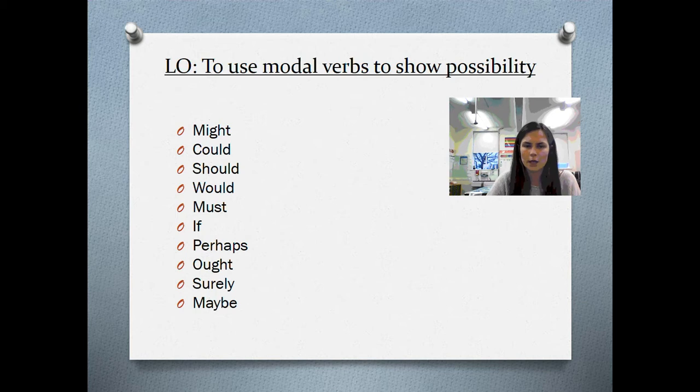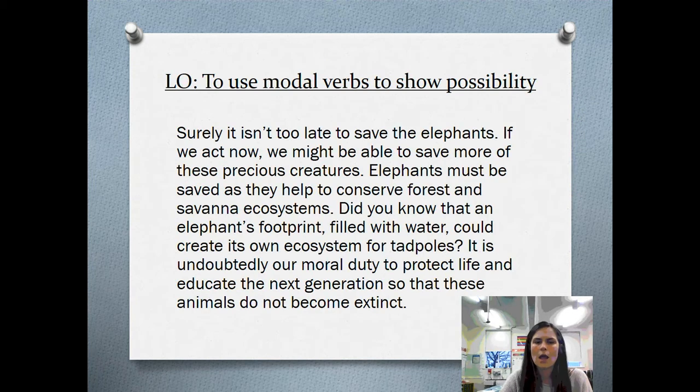So I had a go at writing a paragraph. And I've started with my modal verb surely. Surely it isn't too late to save the elephant. If we act now, we might be able to save more of these precious creatures. Elephants must be saved as they help to conserve forest and savanna ecosystems.